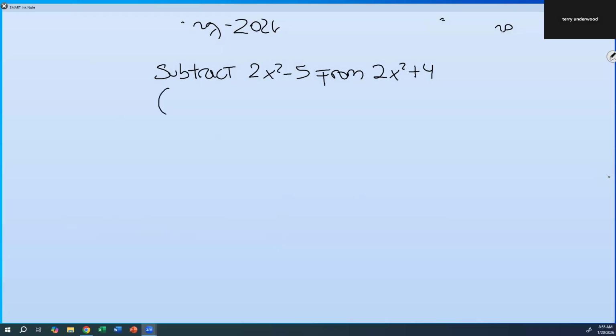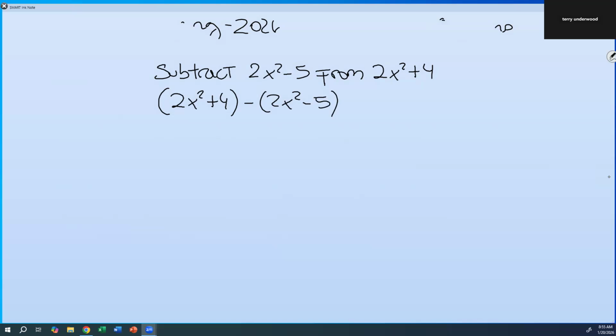So I will have to go in parentheses 2x squared plus 4, and then I'm subtracting from them minus 2x squared minus 5.